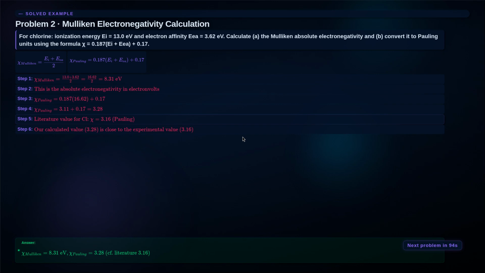The Mulliken electronegativity is the average of 13.0 and 3.62, which gives 8.31 electron volts. To convert to Pauling units, we use the formula chi equals 0.187 times 16.62 plus 0.17, giving 3.28. This is very close to the literature value of 3.16.